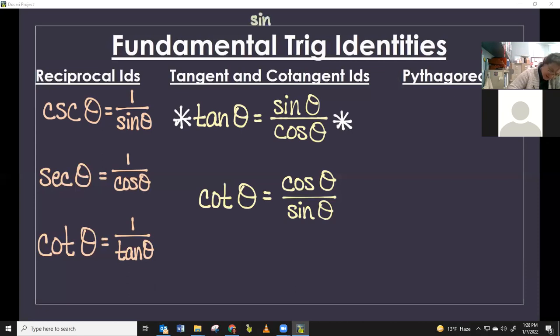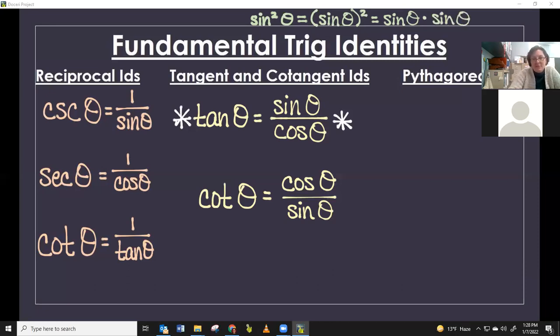If I write sine squared of theta with the squared right after the sine, that means the exact same thing as sine theta inside parentheses squared. So sine squared theta is the same thing as saying sine theta times another sine theta.